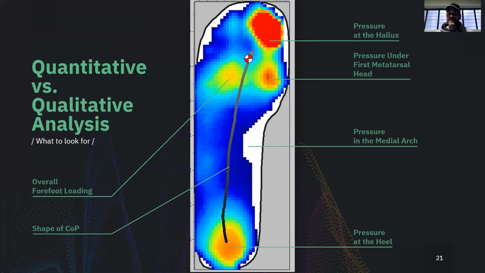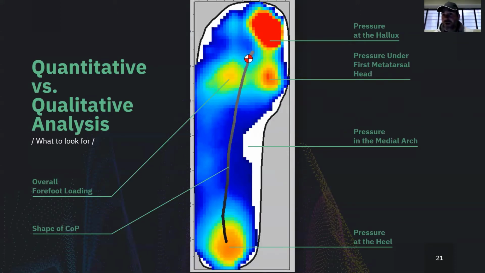What to look for in a peak pressure image? We have divided the type of analysis to do into 5 main markers and steps. We can look at the pressure at the heel. We can look at the pressure in the medial arch.